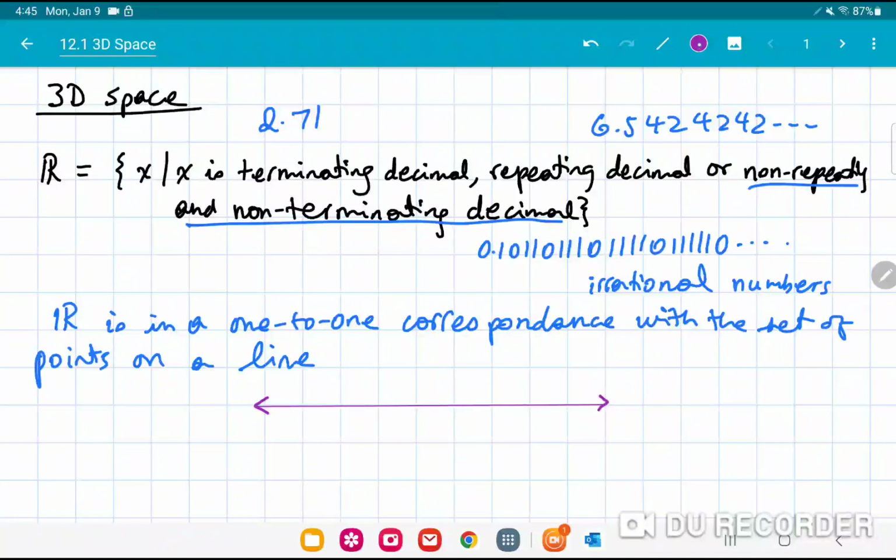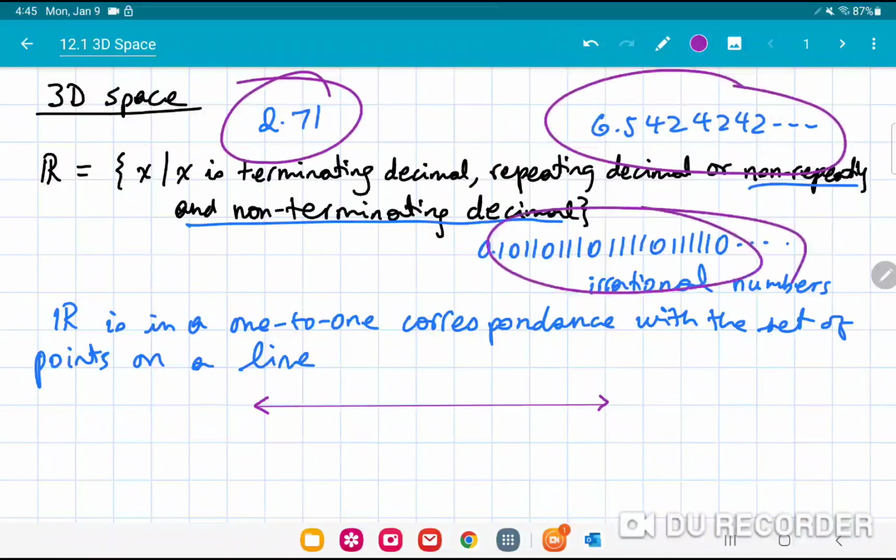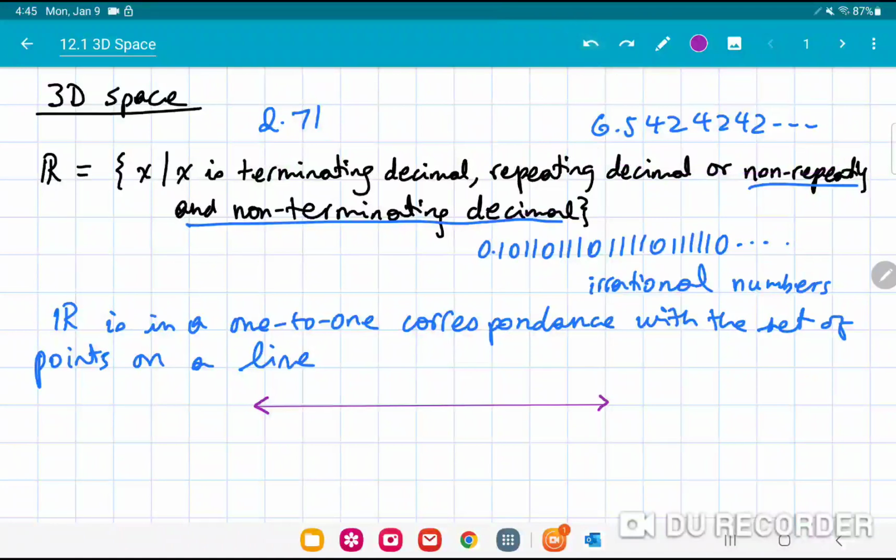Okay. So the points in this line and all of these numbers combined, all of these repeating, terminating, non-repeating, non-terminating, all of them put together, they have a one-to-one correspondence. Exactly one number for each point and one point for each number.